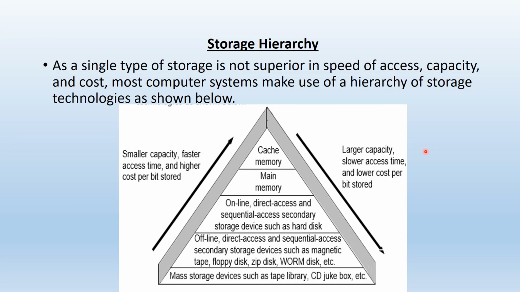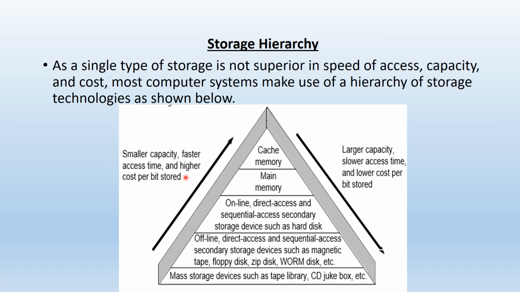All right, so the storage hierarchy. As a single type of storage is not superior in speed of access, capacity, and cost, most computer systems make use of a hierarchy of storage technology as shown below. Over here we have two arrows, one going up and one going down. One says smaller capacity, faster access time, and higher cost per bit stored.